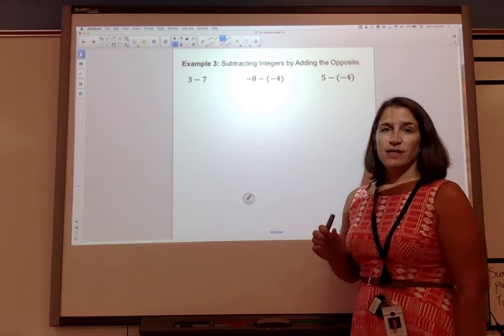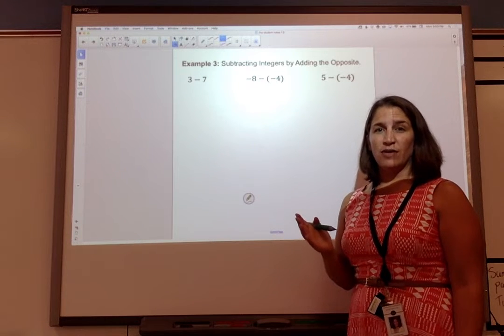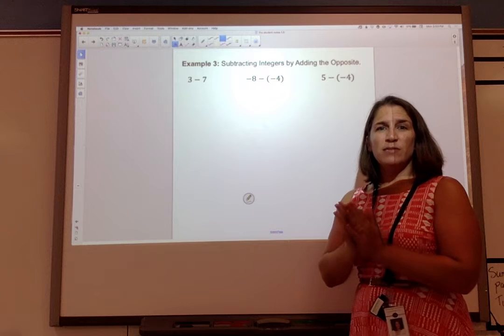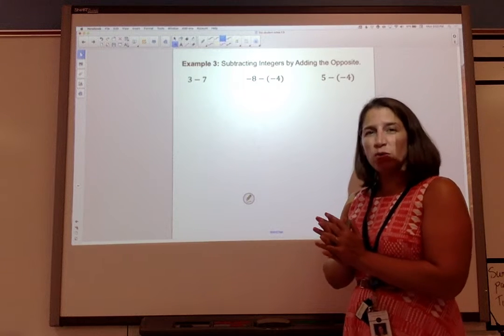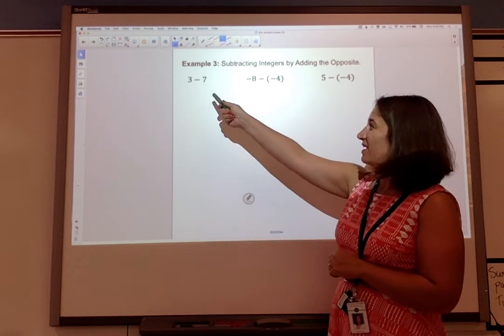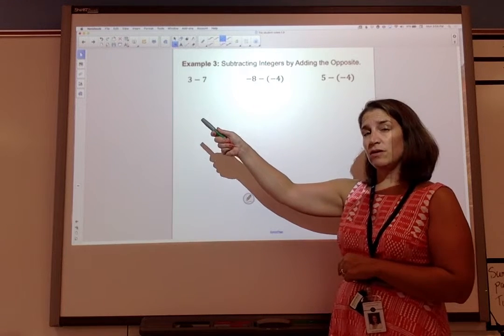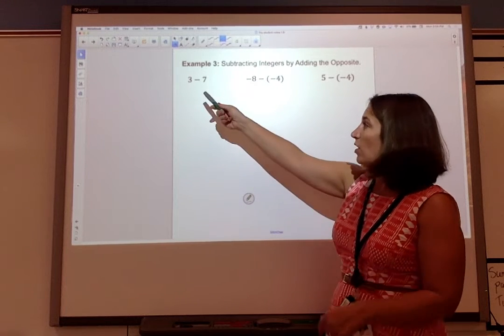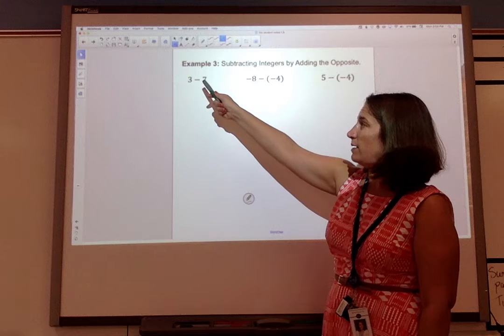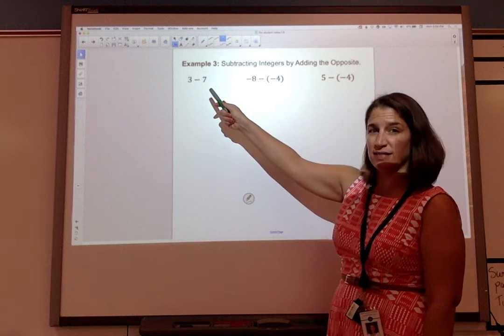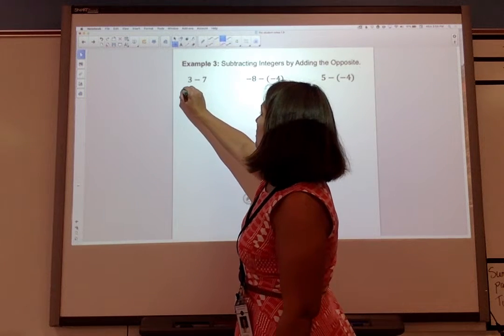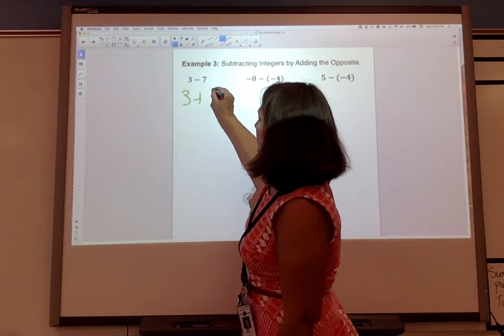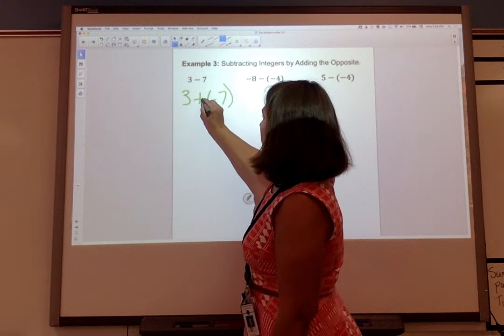All right, now, some of you have probably figured this out already, but when we subtract integers, one way to think about this is instead of thinking subtraction, think addition, but of the opposite. So I could change 3 minus positive 7 to 3 plus negative 7.